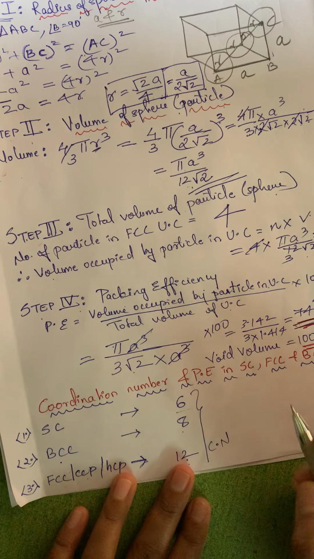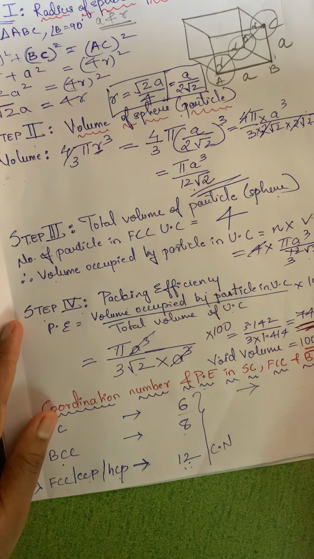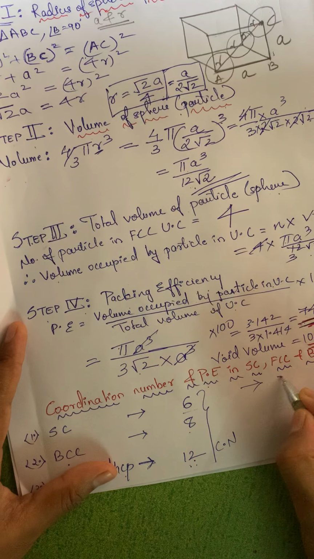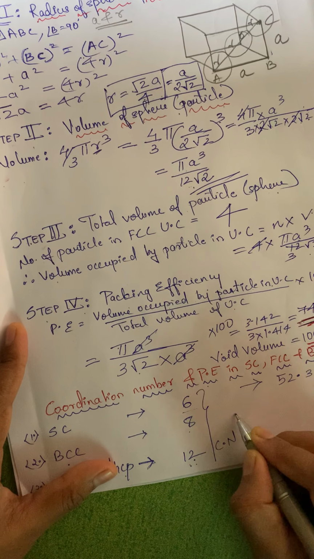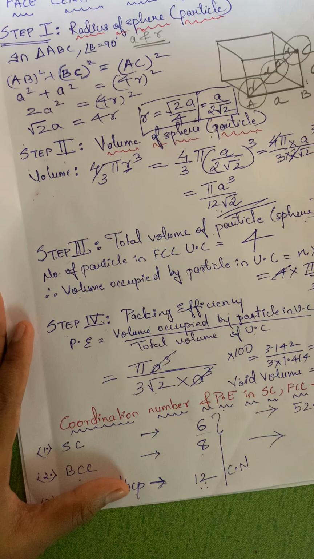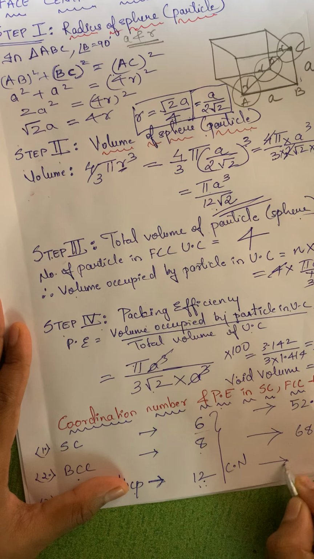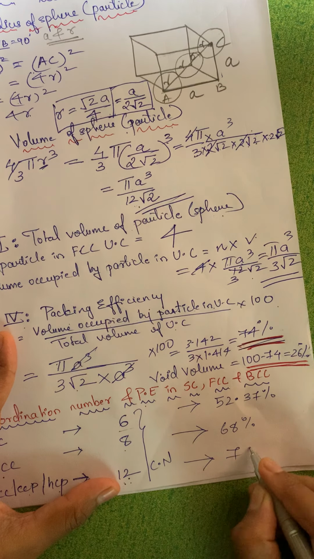Now what is PE? PE is nothing but packing efficiency. For the first case, the packing efficiency was equal to 52.37%. For the second one it was 68%, and for the last one we got 74%.